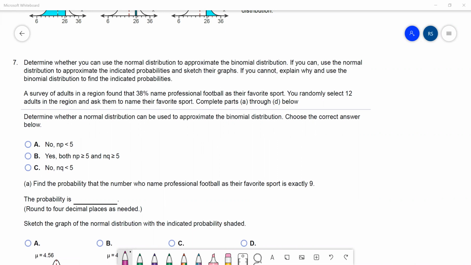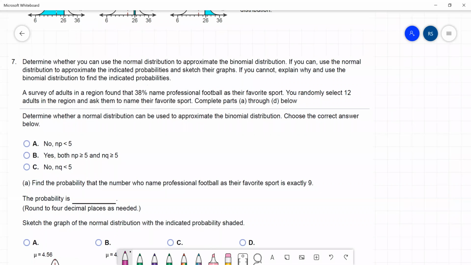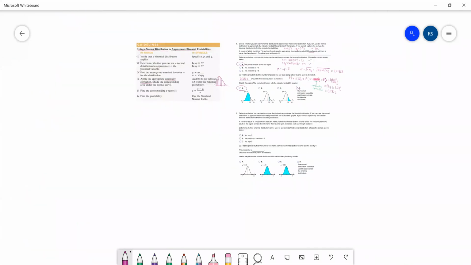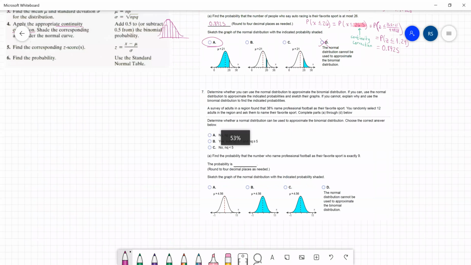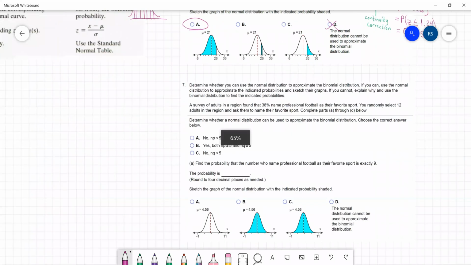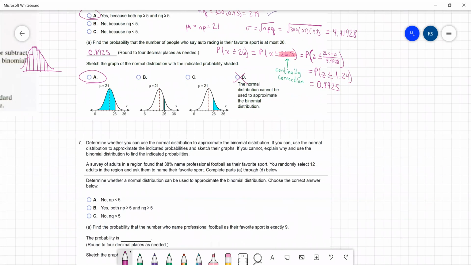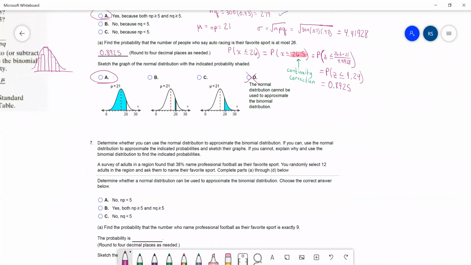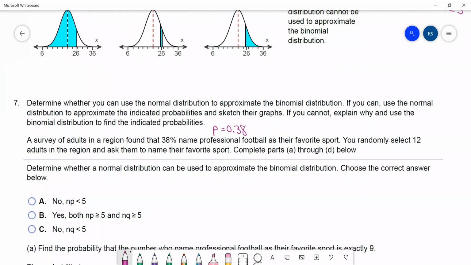Our probability of success is 0.38. So, whoa, hang on. Let's zoom back in. P equals 0.38. Okay, N is 12.